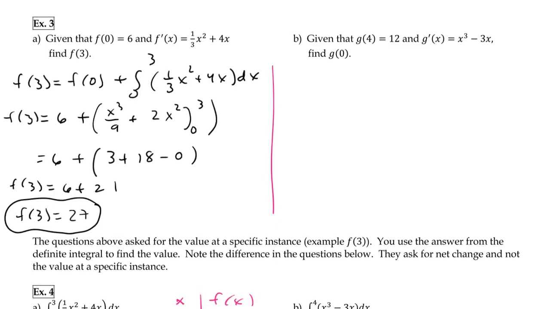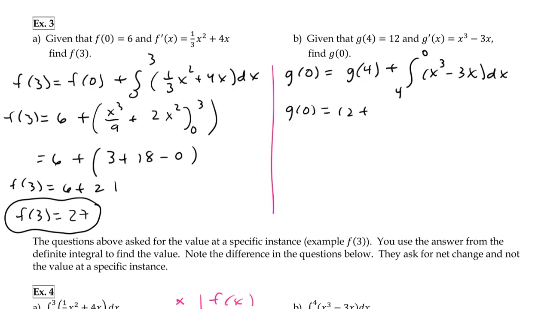Okay, so let's switch pens. I want g of 0. So I'm going to go g of 4 plus, I'm going to go from 4 to 0 of x cubed minus 3x dx. G of 0 is going to be 12 plus, we have x to the 4th over 4 minus 3x squared over 2 from 4 to 0.